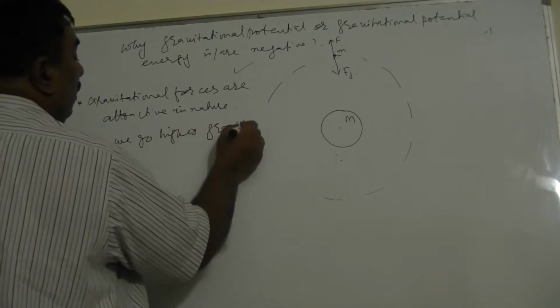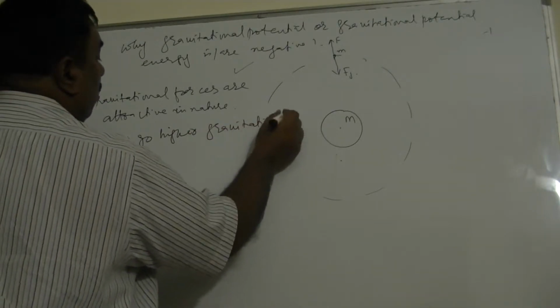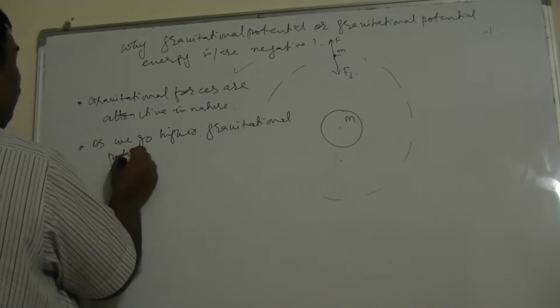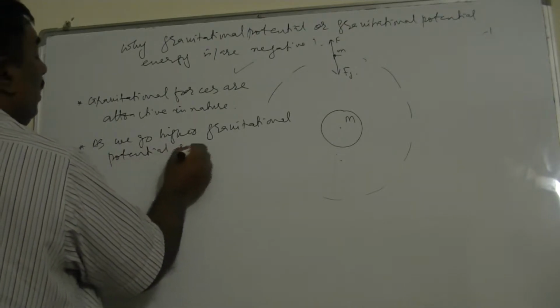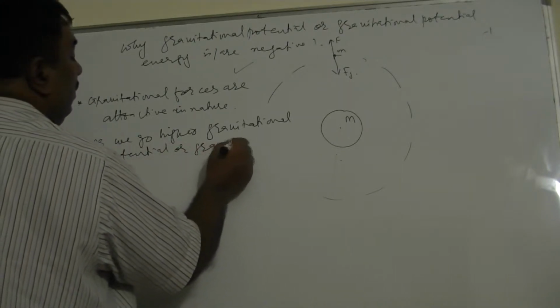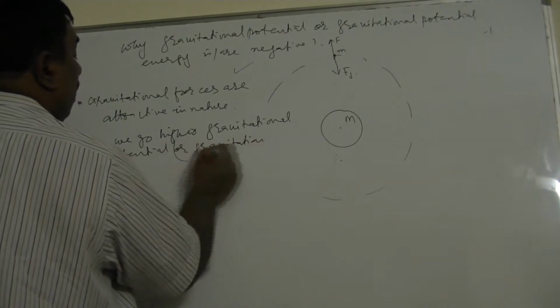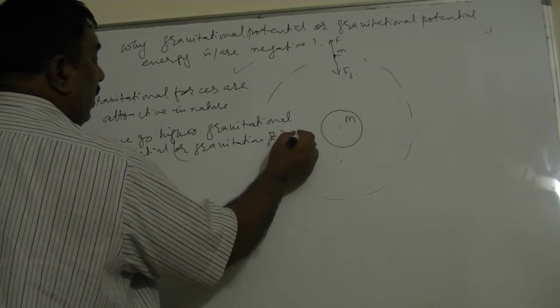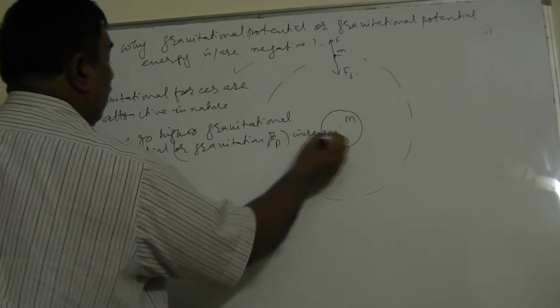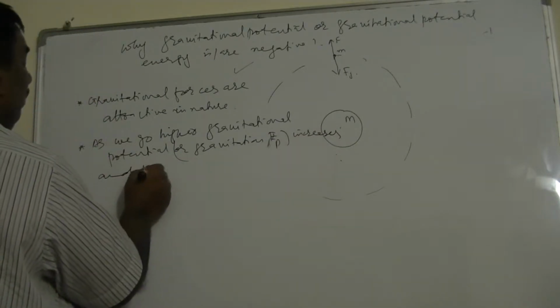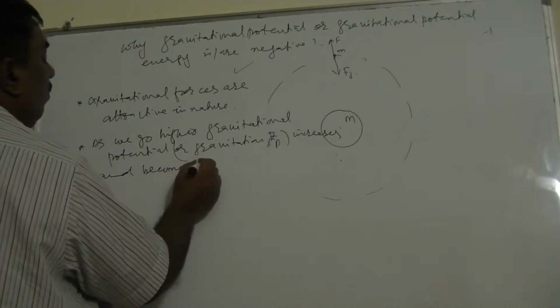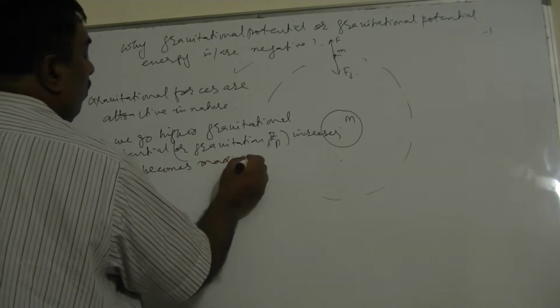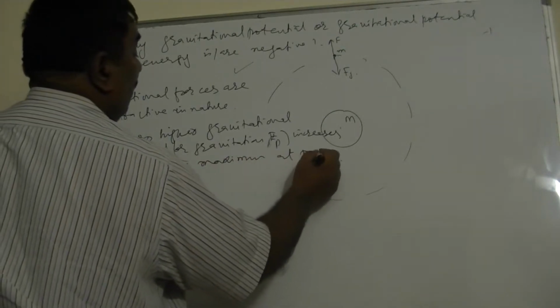gravitational potential or gravitational potential energy increases and becomes maximum at the point of infinity.